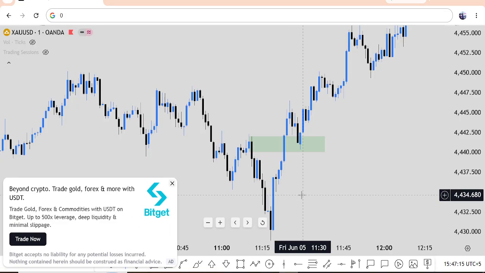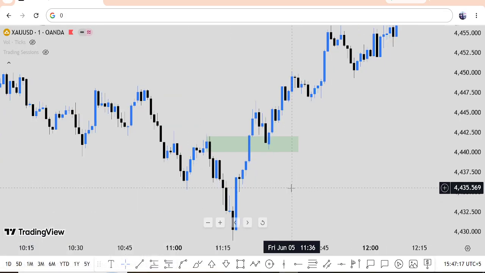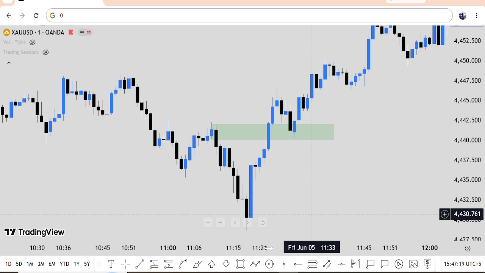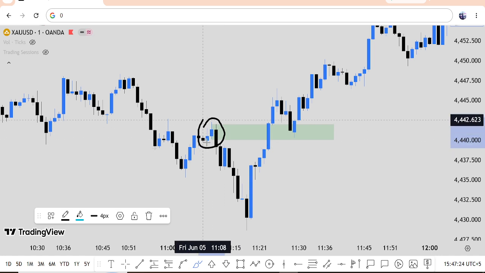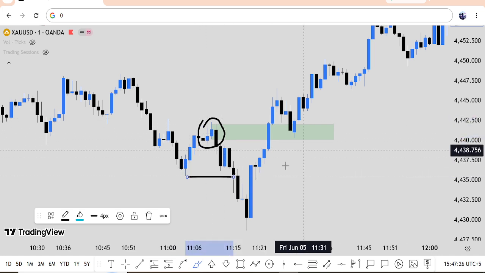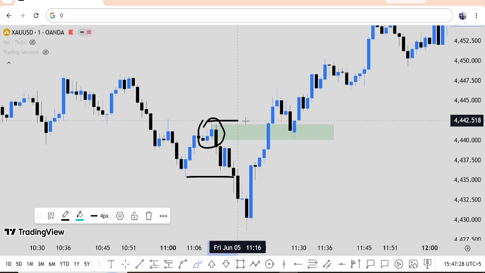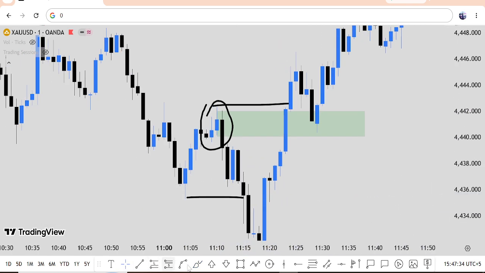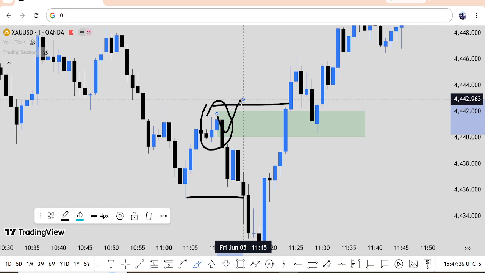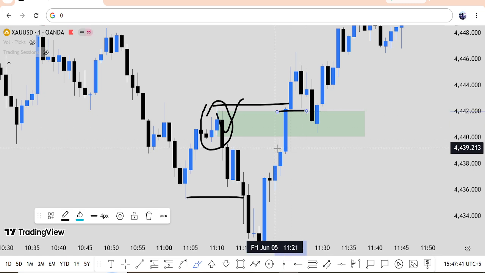Let's see the examples in the real market. This is the real market chart. You can see a bullish order block forming at this point, then the previous low broken, then a structure shift to the upside. When the structure has been shifted to the upside, what we need to see? We need to look for the breaker block. This is a breaker block now because it has been broken to the upside, and opposite to it we have a bullish fair value gap here.